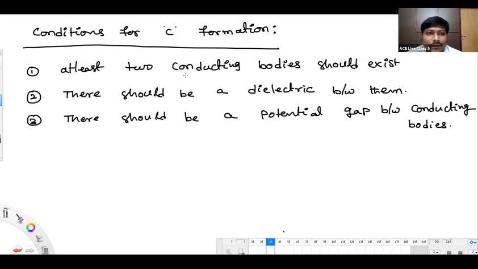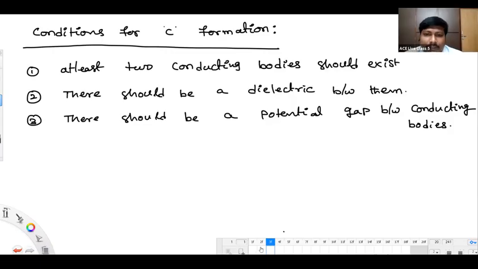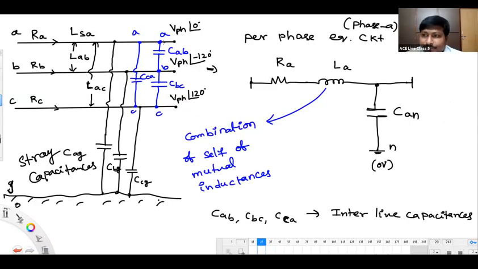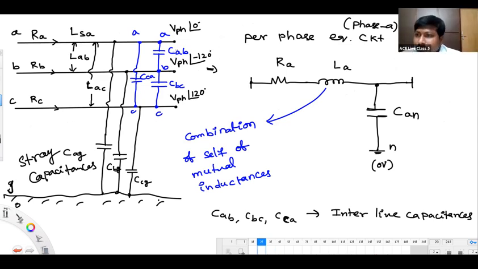Sir, that star delta conversion. Means we want to convert the delta to star. Actually, we have to get only the effective capacitance from a phase A conductor. So these three capacitances are there, but we have a line-to-line voltage across each capacitance. But we need a capacitance which will experience only per phase voltage.